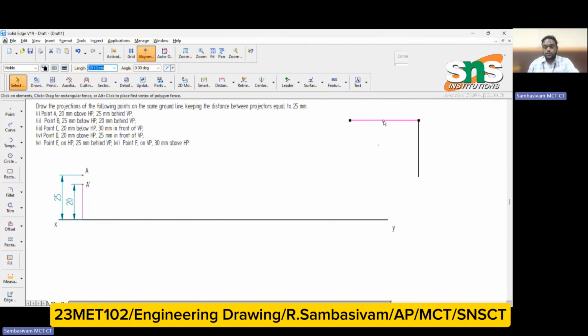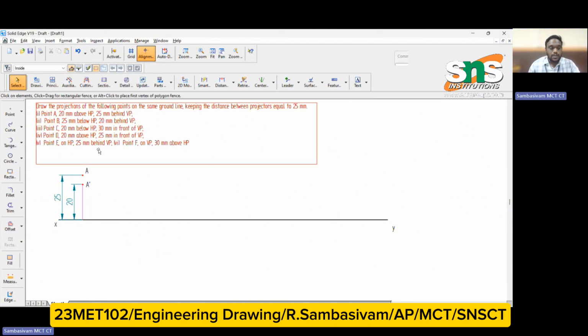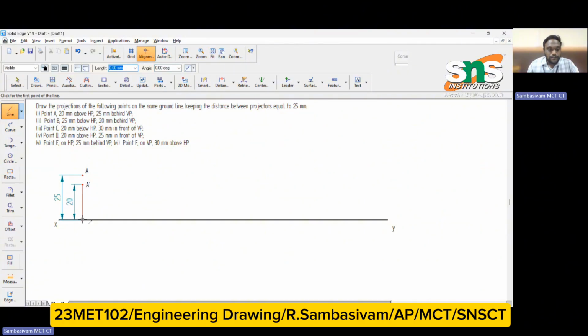As per rotation, now we are moving towards representing the projection of points in 2D. In the question itself, they have mentioned keeping the distance equal to 25 mm. So first we have to make the edge 25 mm in the horizontal plane, and from this we have to draw the point.